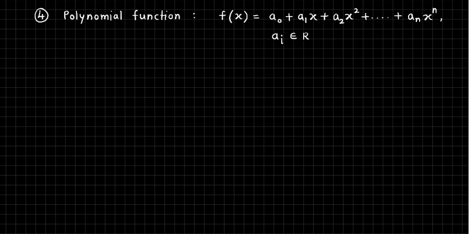So that is what is called as the polynomial function. And we have to also keep in mind that the n is a natural number, right?